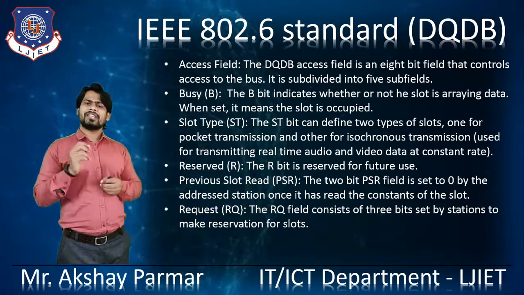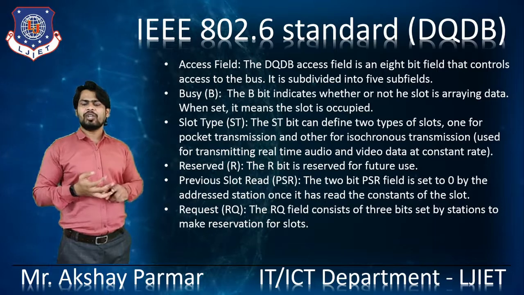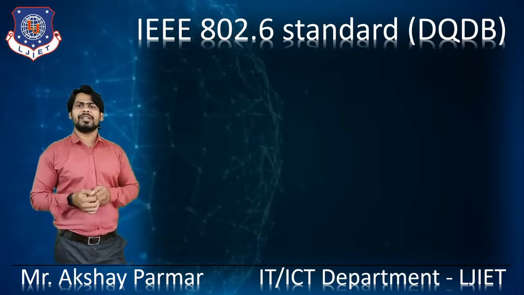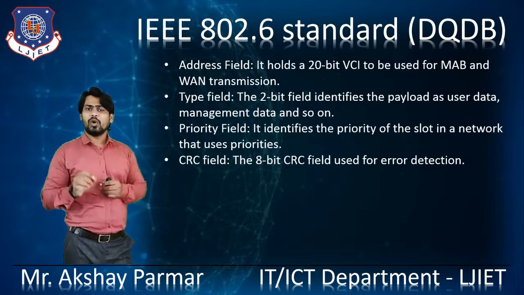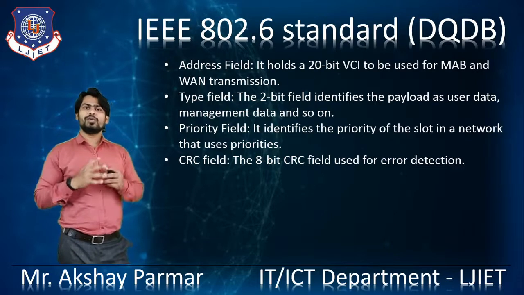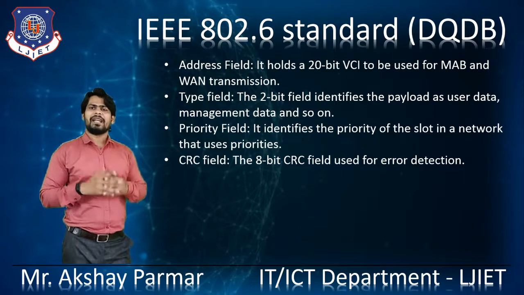Request bit. The request bit consists of 3 bits set by the station to make a reservation for the slots. That's about the layering of the DQDB. Right? After that, the address field. It holds a 20-bit VCI to be used for the MAC and the WAN transmission. Type field.